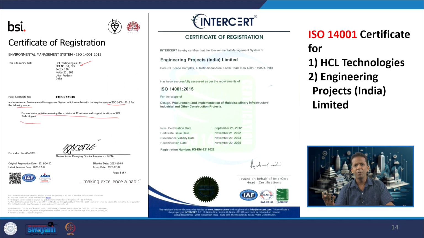SCL is an IT sector company, but any environmental activities associated with that IT sector are managed by the EMS implemented in that company, and that EMS is certified by BSI for ISO 14001 certification. So, that is the certificate of registration provided by BSI.